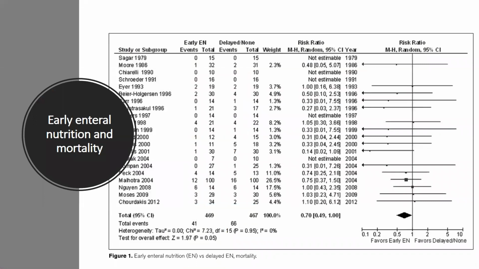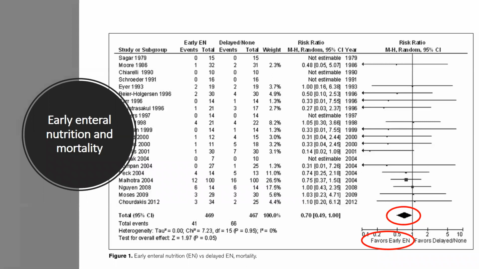But why is early enteral nutrition favored? When ESPEN and SCCM reviewed their guidelines in 2016, they conducted their own meta-analysis. There were 21 studies that looked at early enteral nutrition and mortality. In this meta-analysis, mortality was improved and favored early delivery of enteral nutrition.